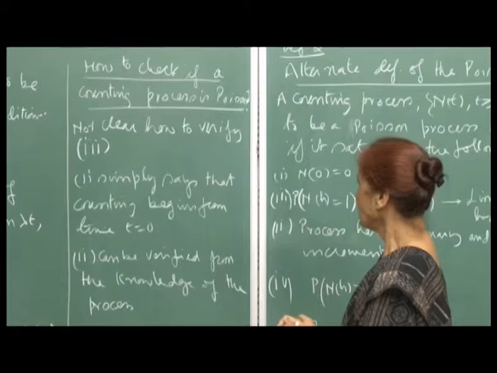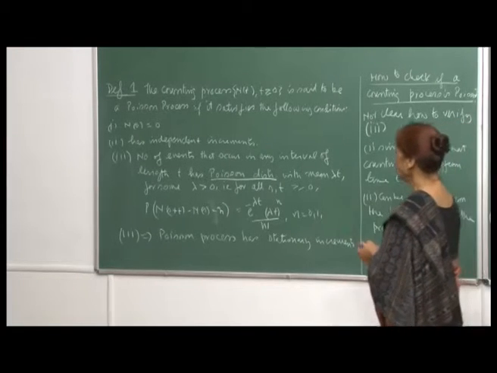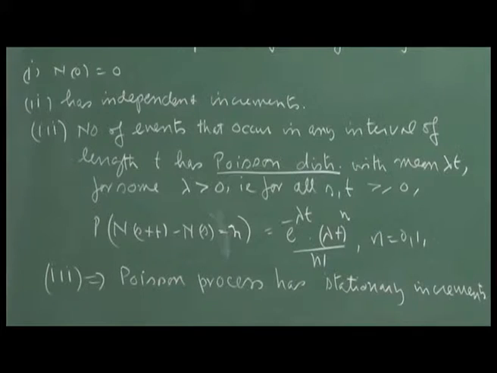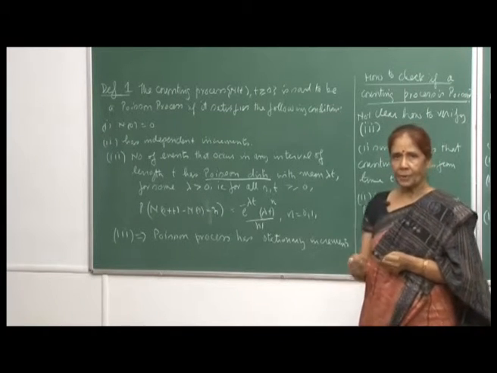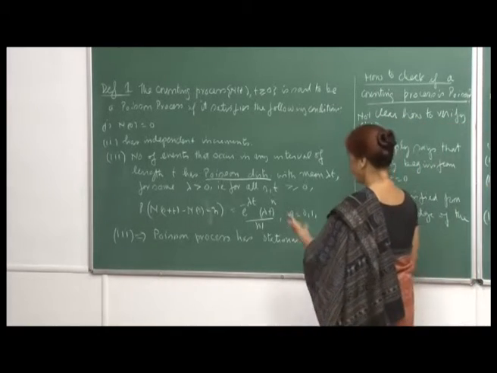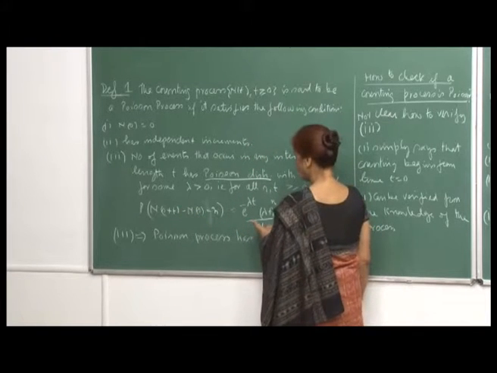Now, 3 says that the number of events that occur in any interval of length t has Poisson distribution. So, it is not clear how to verify 3. I mean, this is the whole thing. If I am calling a process a Poisson process, then I am just saying that the number of events that occur here follows a Poisson distribution.